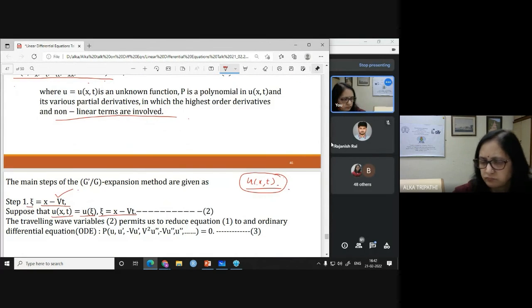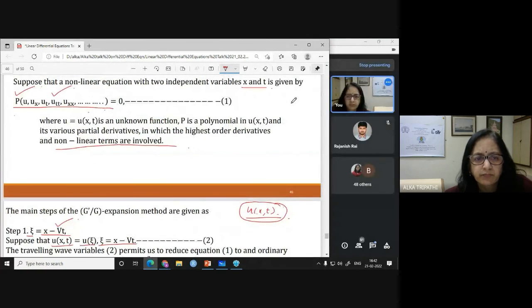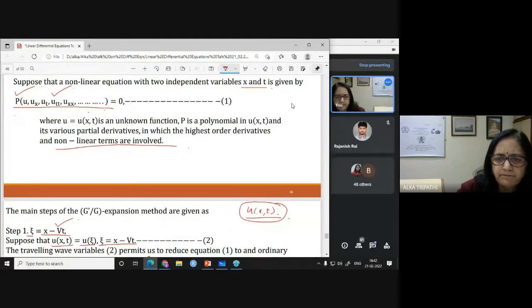Then u x, you can just see, u x means partial derivative with respect to x. Because xi is equal to x minus vt, I can write it in terms of the derivative with respect to xi as du by d xi times del xi by del x, which is 1.